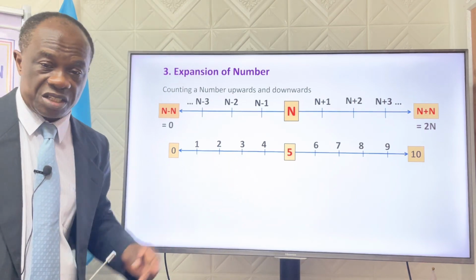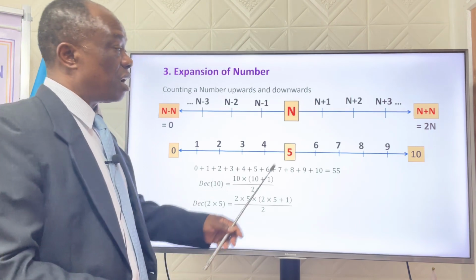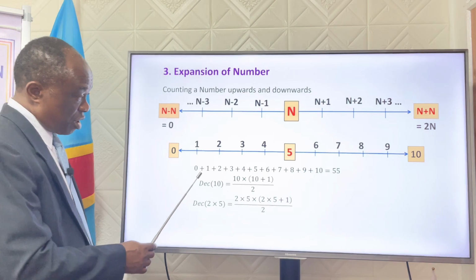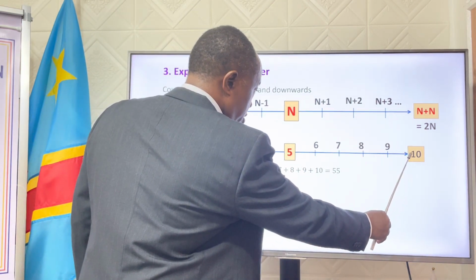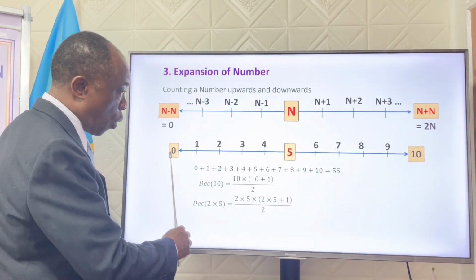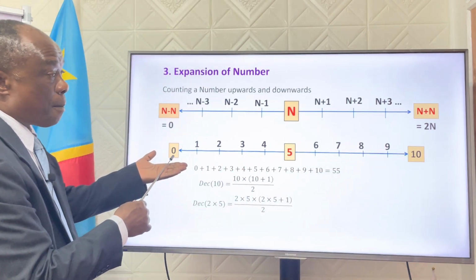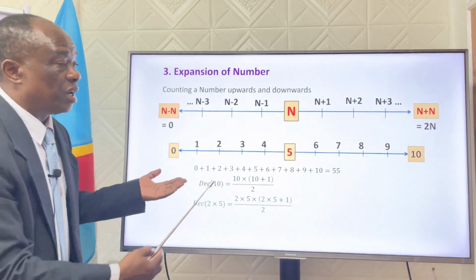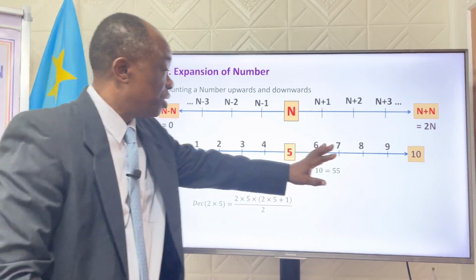Now to formulate this, of course you have to sum up all these numbers. But how to do the formulation of that? The formulation is that you have to consider, as we have seen already above with the deceleration, it seems we are decelerating number 10. So we need only to calculate the deceleration of number 10 in order for us to have the answer.